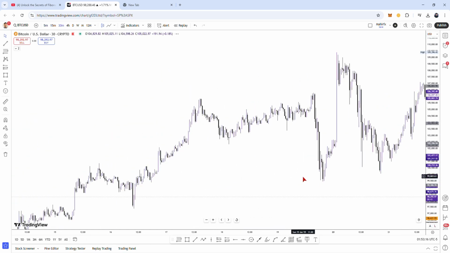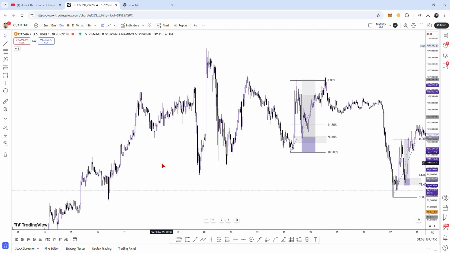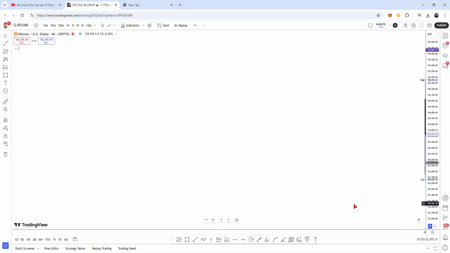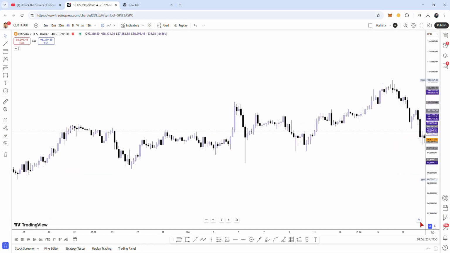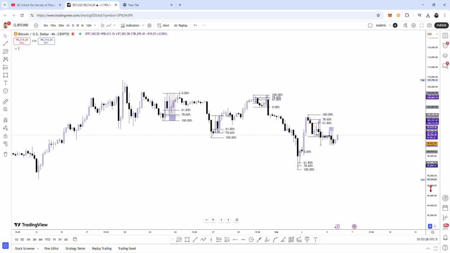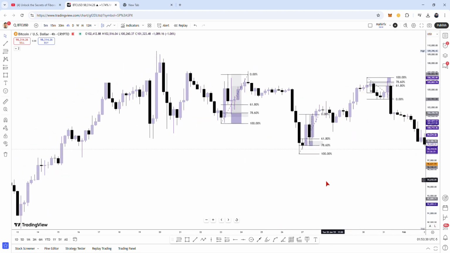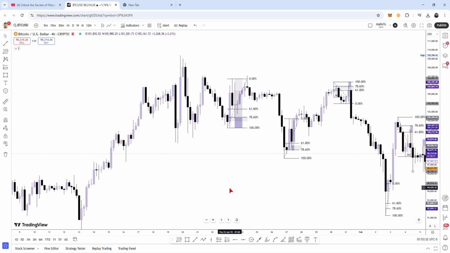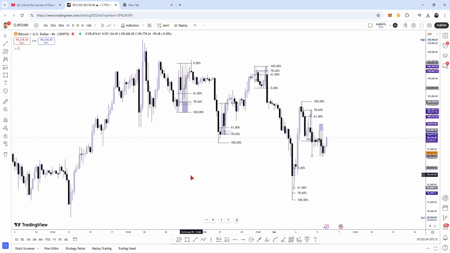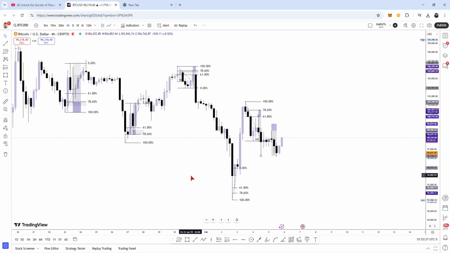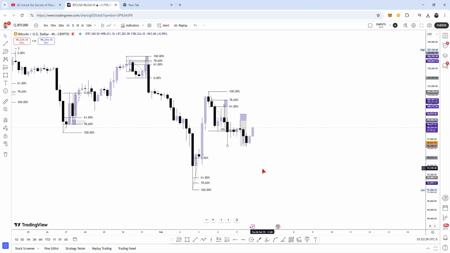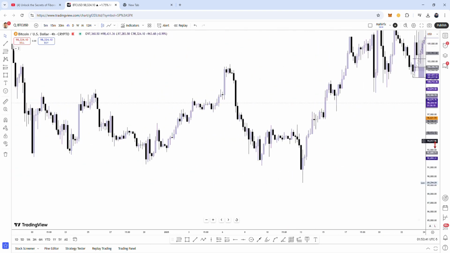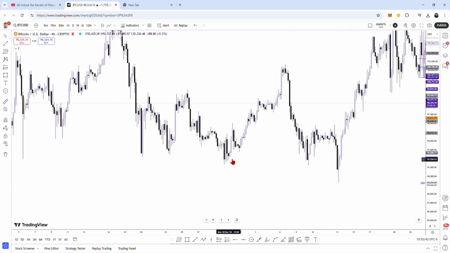So the other one is, you can also have a very important setup in 4-hour time frame. By the way, in 4-hour time frame, you can see very important trades that you have to take.